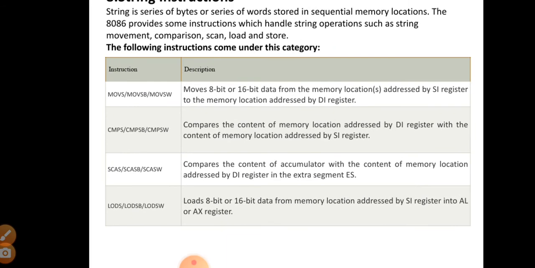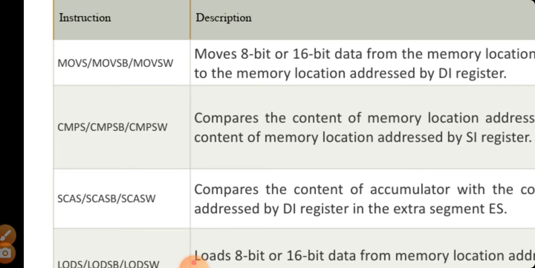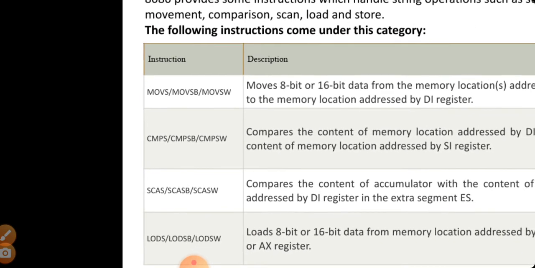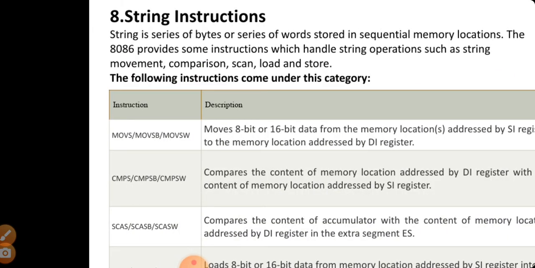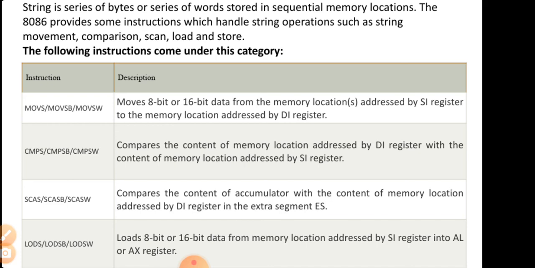The next command is SCAS, SCASB or SCASW. Again, it compares the content of the accumulator with the content of the memory location addressed by the DI register in the extra segment register.